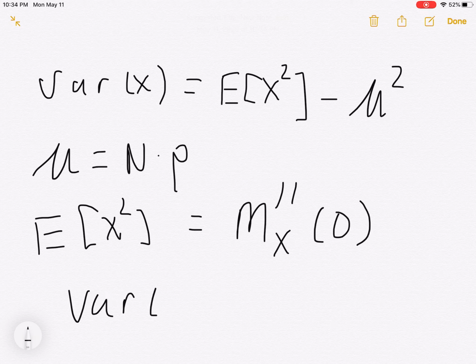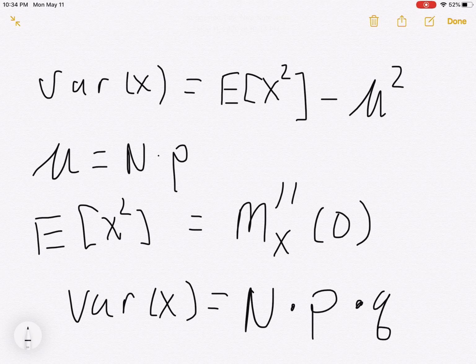And when you do this, I'll let you verify this. The variance of x is going to be n times p times q. And one last thing is that q is going to be 1 minus p. Okay, so that is the binomial distribution.